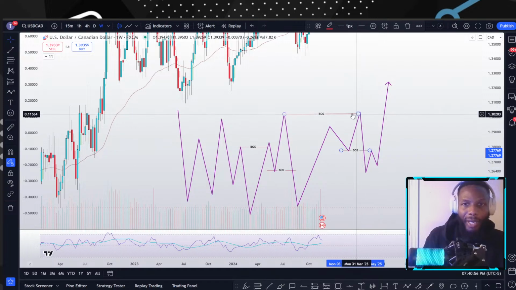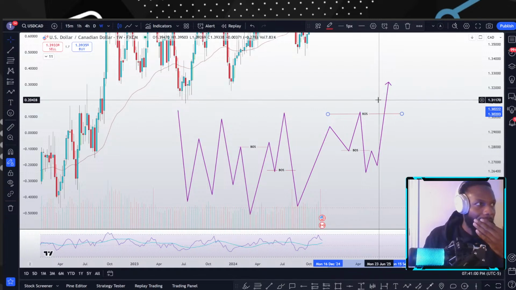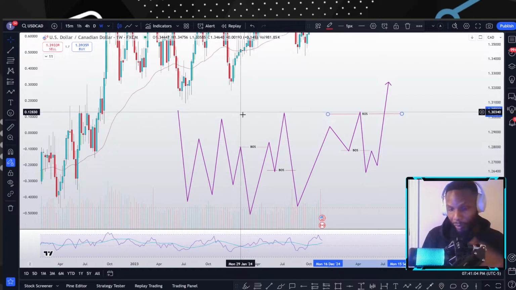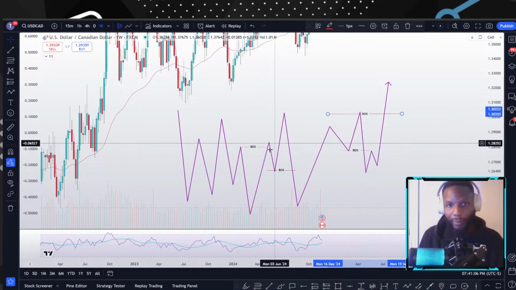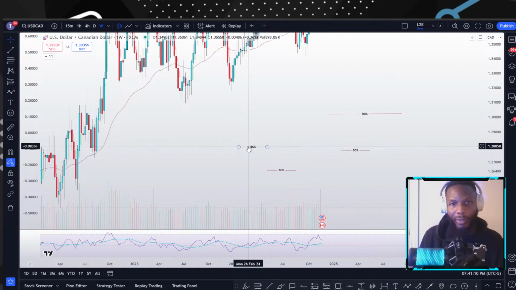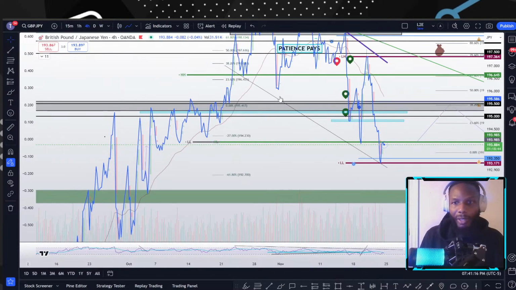Then we broke this high again, so I can just move this across, so we're bullish. So overall, we're bullish right now. So now I understand what's happening on the weekly time frame. So I can get rid of this. I usually have a way of, okay, you know what, I'm going to copy this because it's just easier to see.